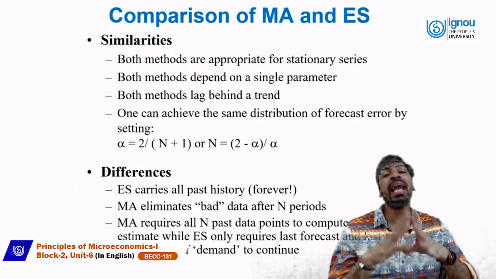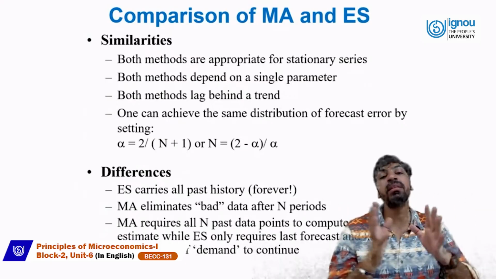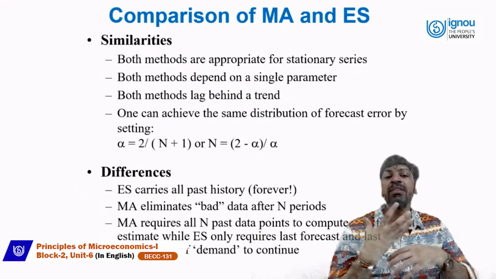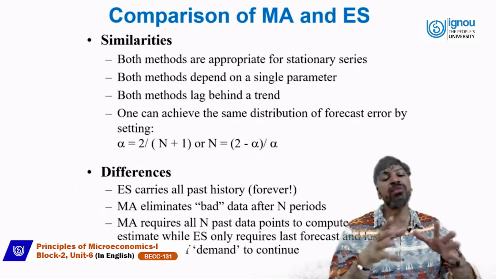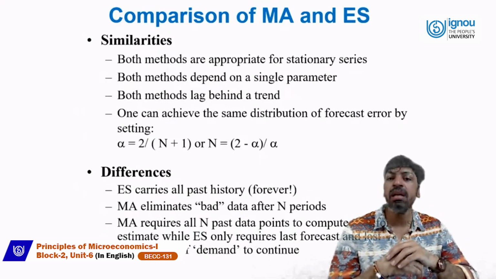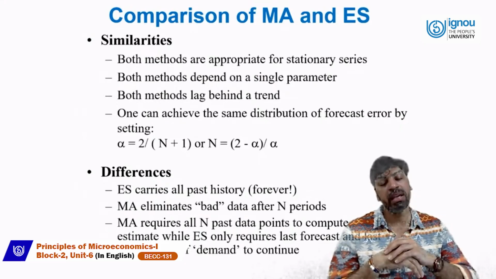In fact, if there are any errors to be found in both methods, the error can be forecast by using this formula, that is alpha equals 2 by n plus 1, or n equals 2 minus alpha by alpha.